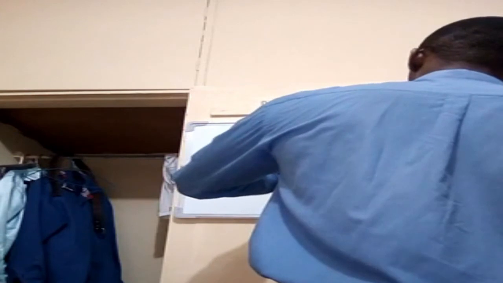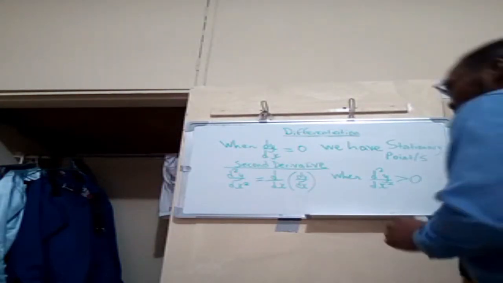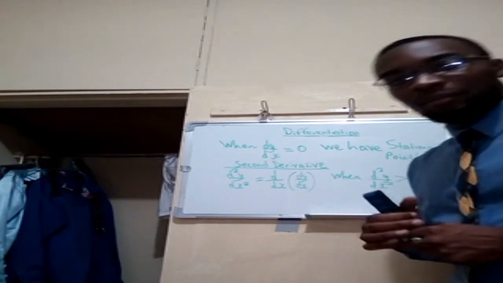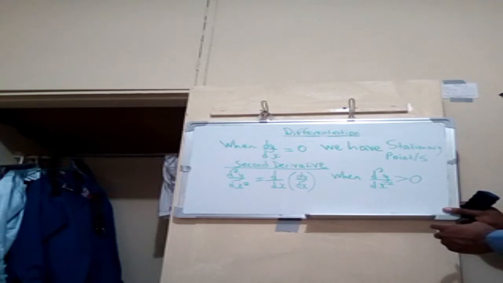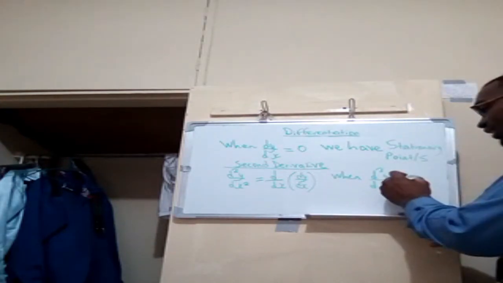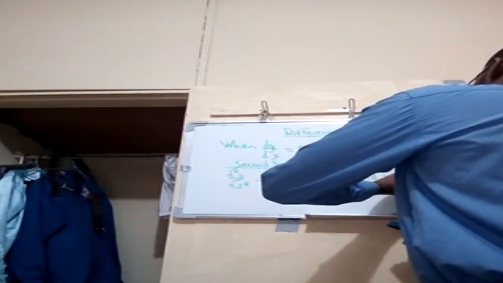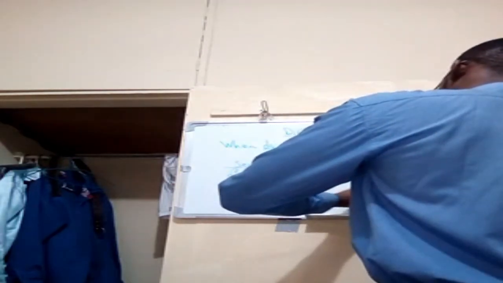Now, whenever d2y by dx squared is greater than 0, we have a minimum point, and when d2y by dx squared is less than 0, we have a maximum point.